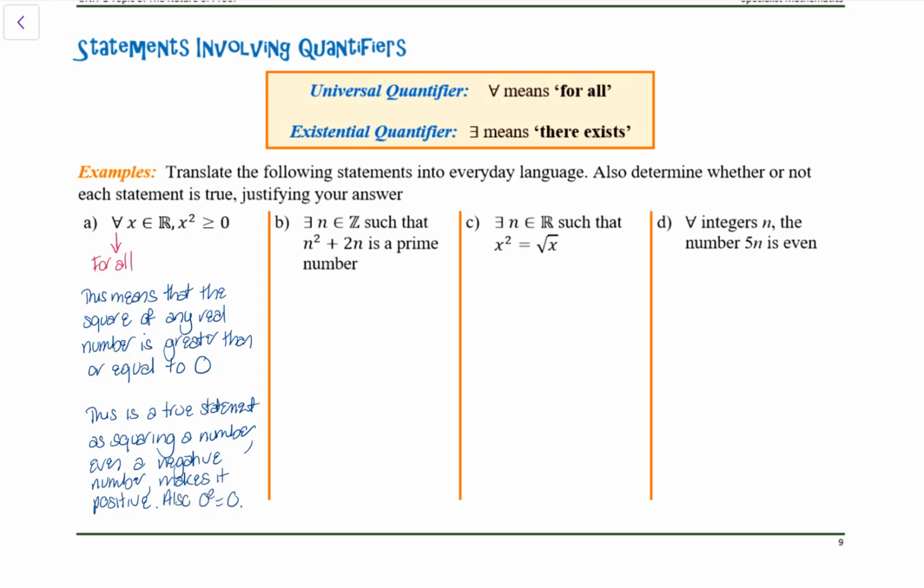Next one. We have the backwards E, which means there exists.